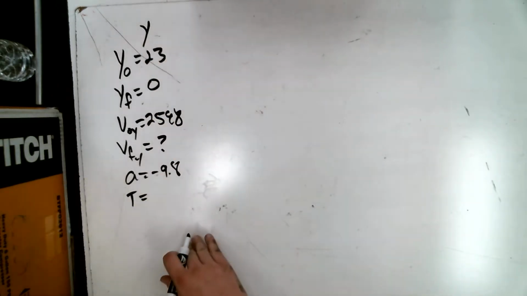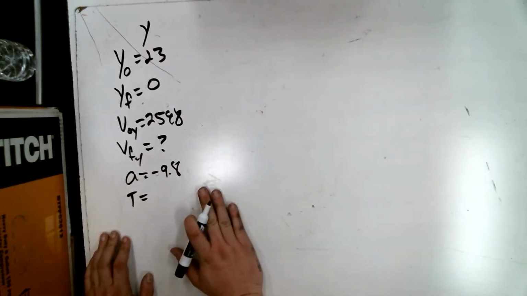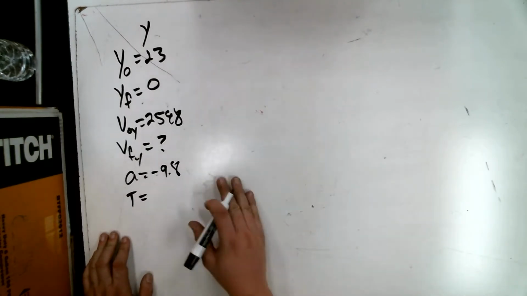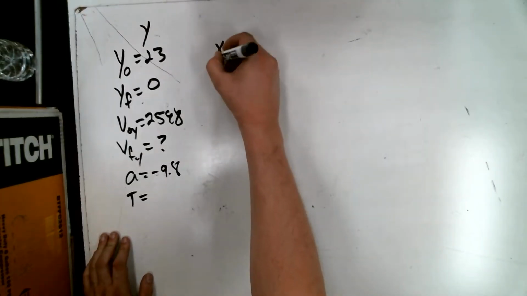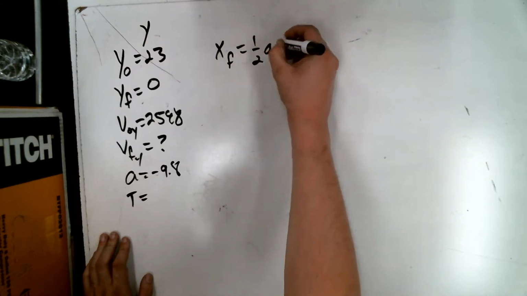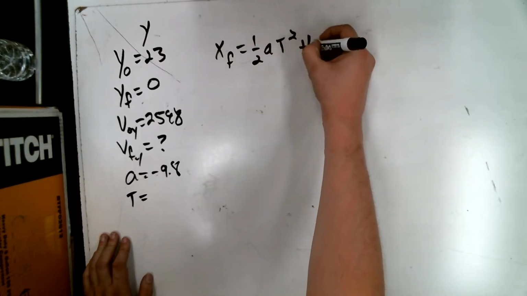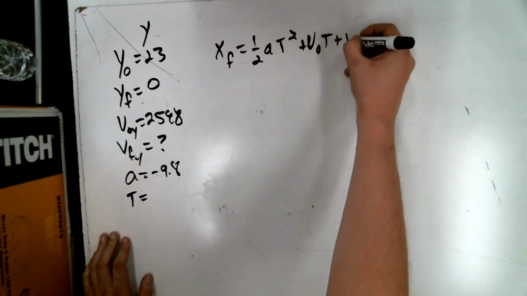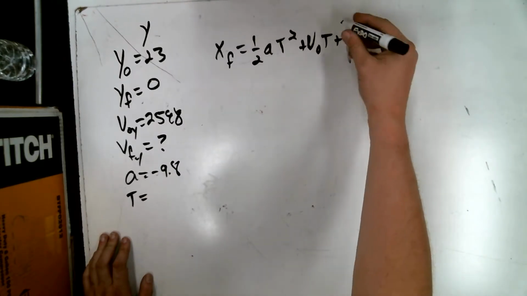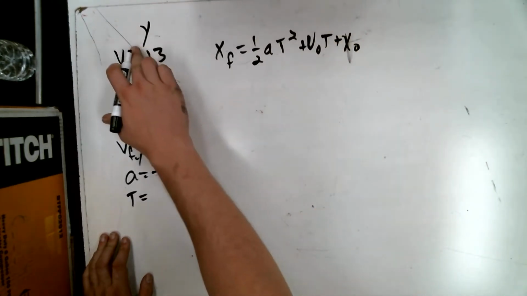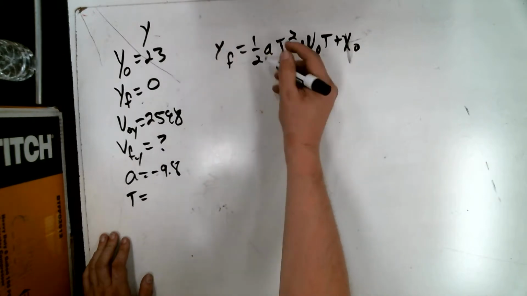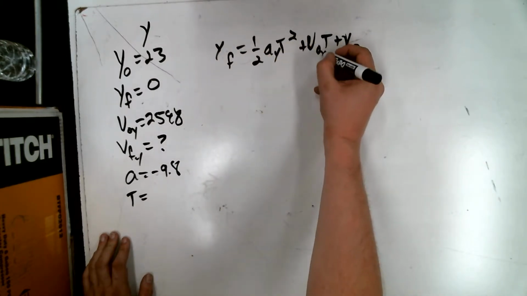So to solve it this way, I'm going to show you the quadratic approach, which we could have used on the other one, but you'll see why we didn't. So xf equals 1/2 at squared plus v naught t plus x naught. We're dealing with y's, so let's make sure I change these and label them to y's.